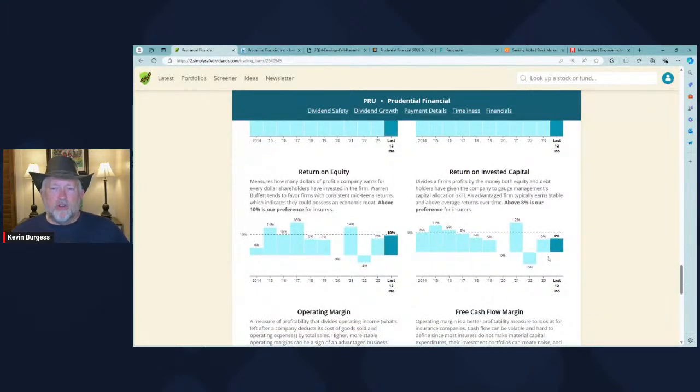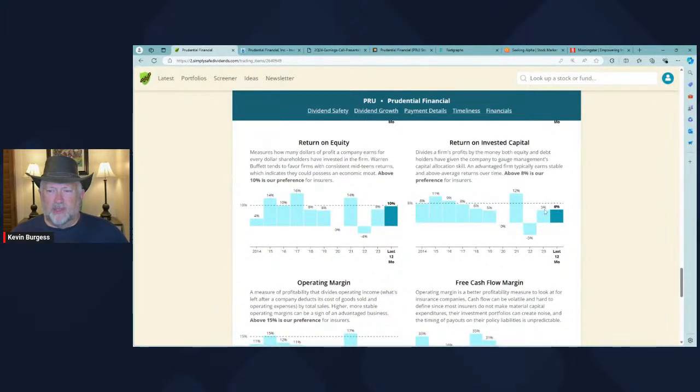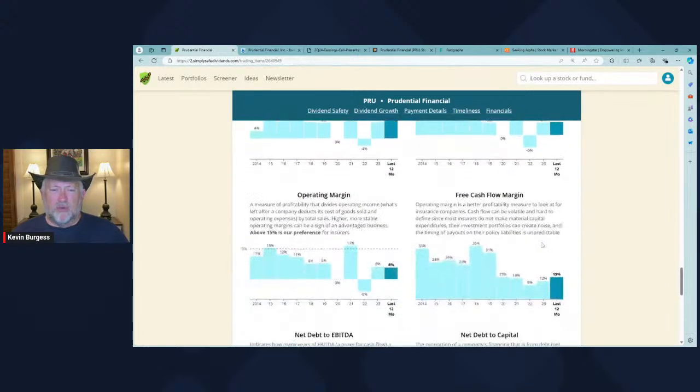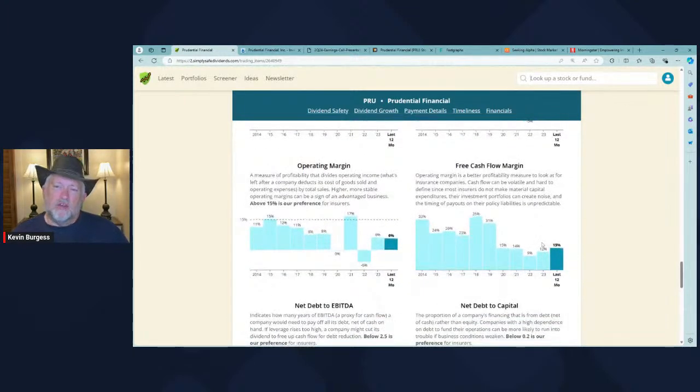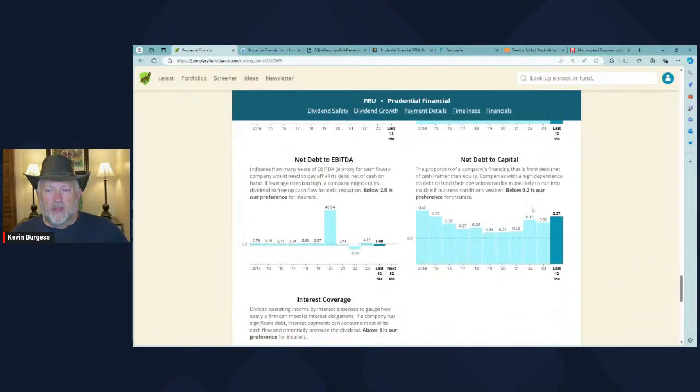Return on invested capital is not that impressive. Take a look at this. It's 6% for the last 12 months, and that's not blowing the doors off of things. But sometimes for a high yield company, that's kind of what you get. Net debt to capital is the one I look at. I don't look at net debt to EBITDA.